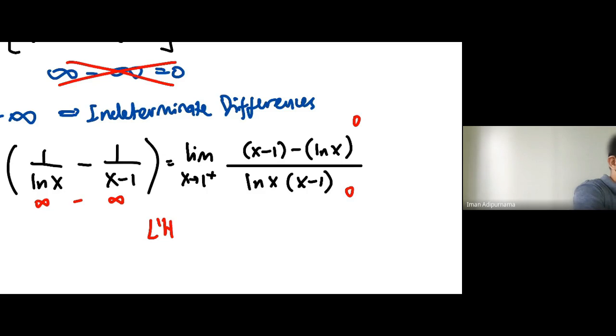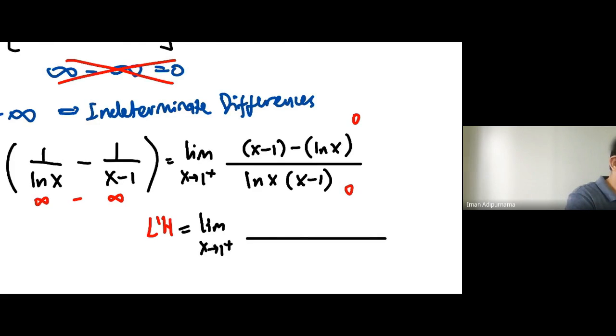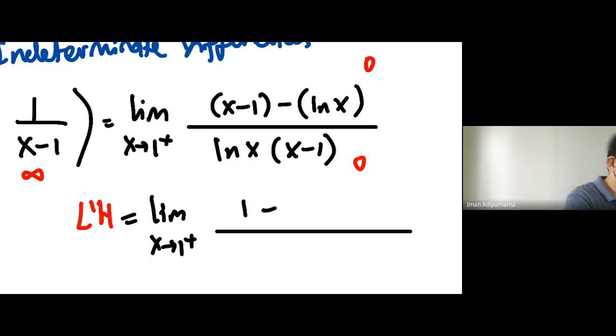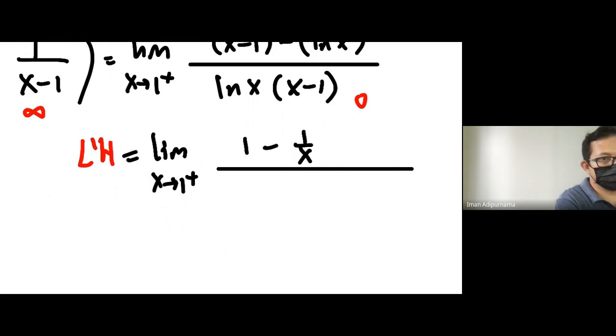I think we can write down. Now we can do some L'Hopital. This one becomes 1 minus 1 over x, from x and ln x. And the bottom one, we can use the product rule.